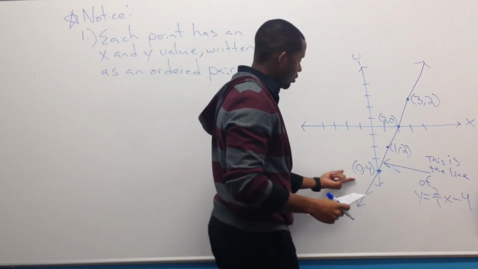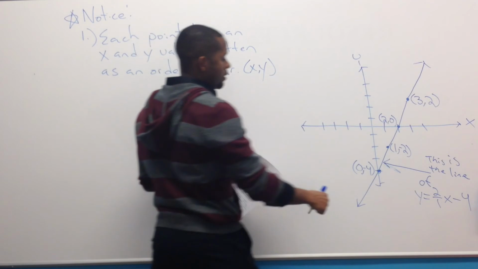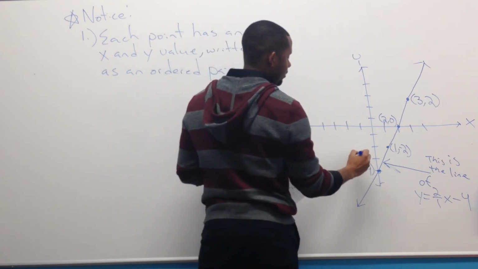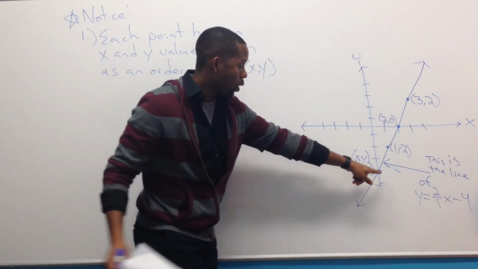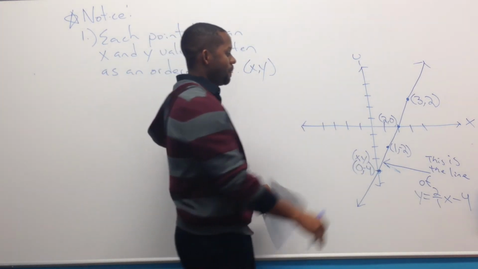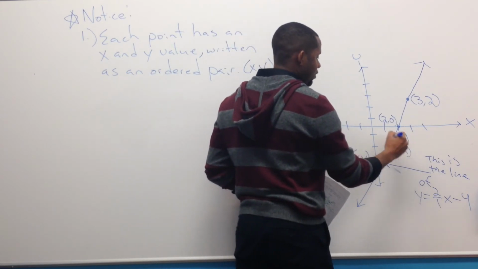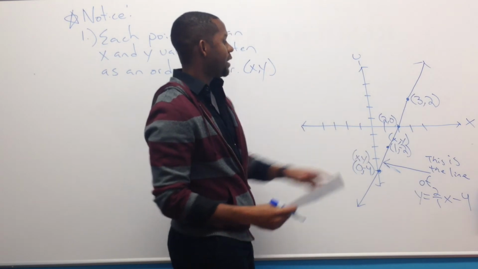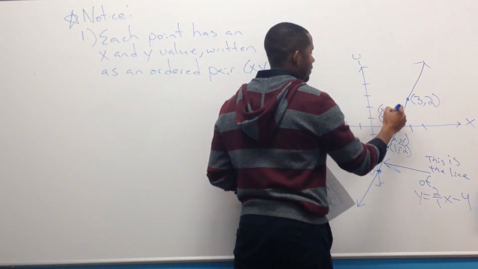Remember, this is the ordered pair, right? Remember, ordered pair goes x, y, right? So in this ordered pair, 0, negative 4, here's x, and here's the y value. This one point has an x and a y value associated. This one point here, 1 on the x, negative 2 on the y. It's an ordered pair. It has an x and a y value associated. Same thing here.